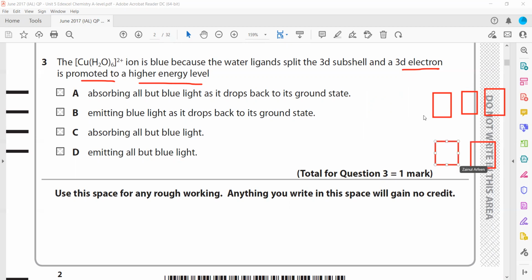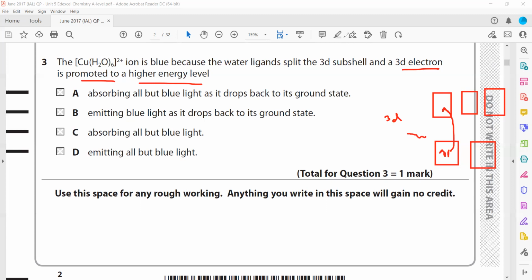Overall energy remains the same. So when the electron jumps from one orbital to another, the same 3d but another part of the 3d orbital. As they mention in the question, the 3d electron is promoted to higher energy. Even in physics we have learned that in the absorption spectrum, an electron absorbs a photon and jumps. Whenever it has to move to a higher level, it should absorb energy.